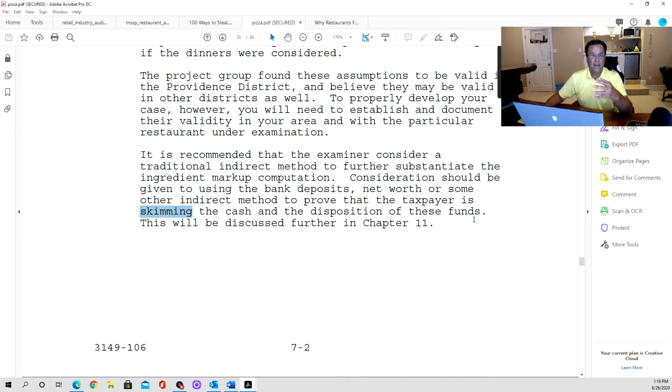And bottom line is if you have an industry with your NAICS code, you've identified, we've done the research, what are the taxing agencies looking for?